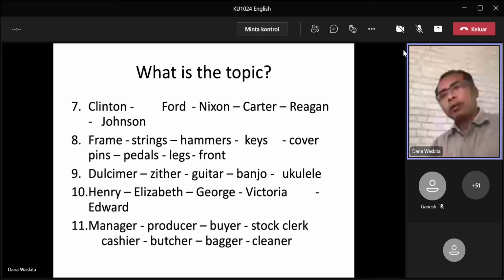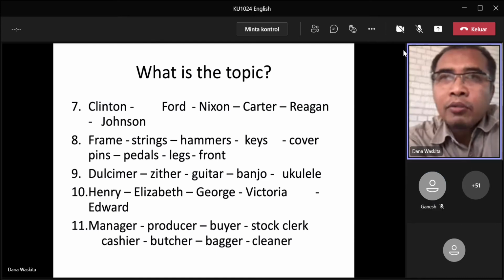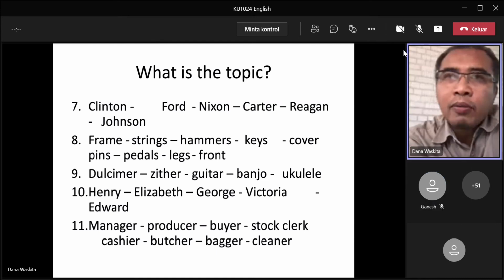If we say that the topic is jobs, is it okay? I think it's too general. Too general. So, how to find the specific one here? The topic is not too general. So, can you find the similarities?